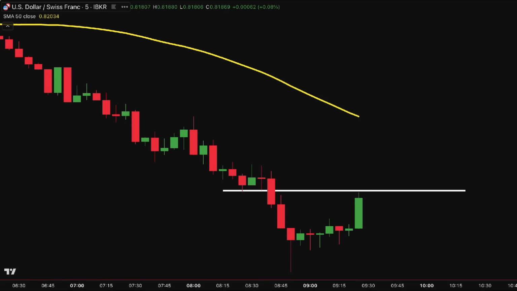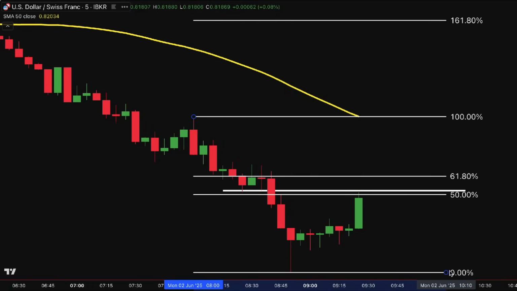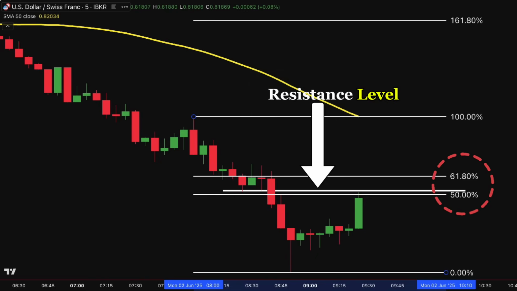That's when we bring in the Fibonacci retracement tool. We plot it from the swing high to the swing low of the impulsive move. Now look at the levels. The 50% and 61.8% Fibonacci retracement zone, also known as the golden zone, is what we focus on. Notice what's happening. The resistance level we marked earlier is perfectly aligned with this Fibonacci zone. That's a high probability confluence.